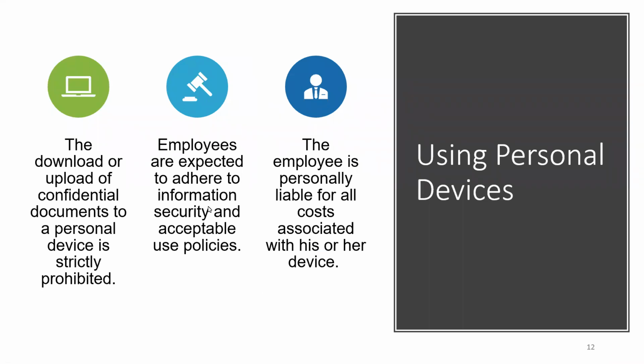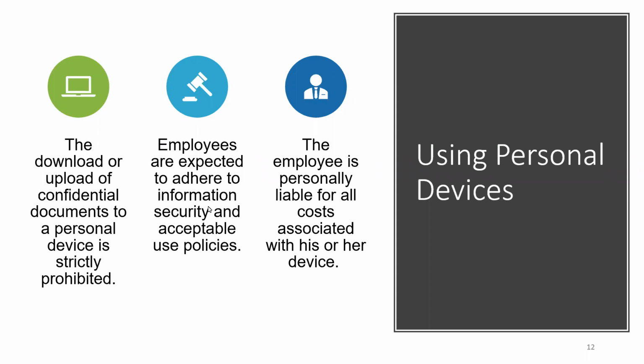The public officer is expected to use his or her devices in an ethical manner at all times, and to adhere to the information security and acceptable use policy of the departments. What do I mean by an ethical manner? In other words, you're not using your device for malicious intent.